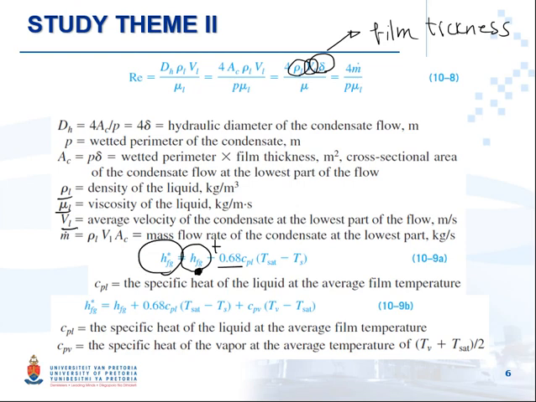We can have the same argument for vapor that enters the condenser as superheated vapor at temperature of TV instead of saturation temperature. In this case, first vapor temperature should decrease to Tsat, and after that condensation can start. So if we want to be more precise, we can add this section as well.